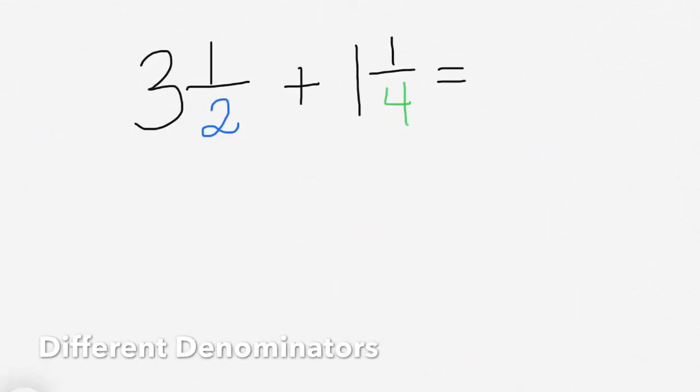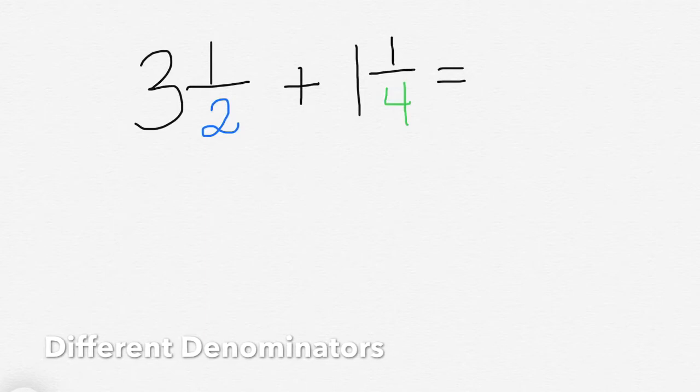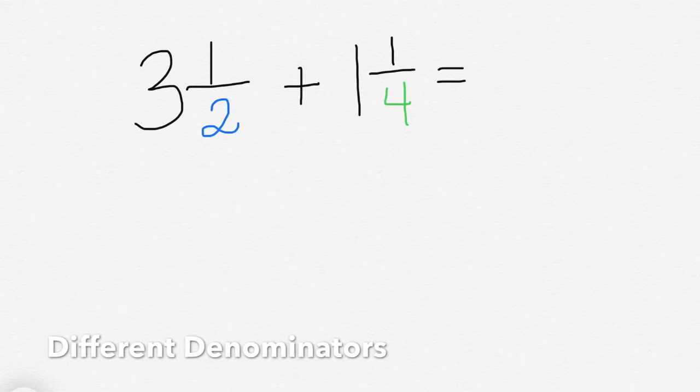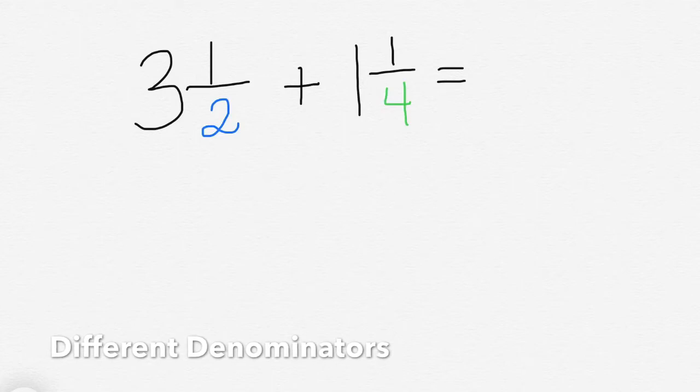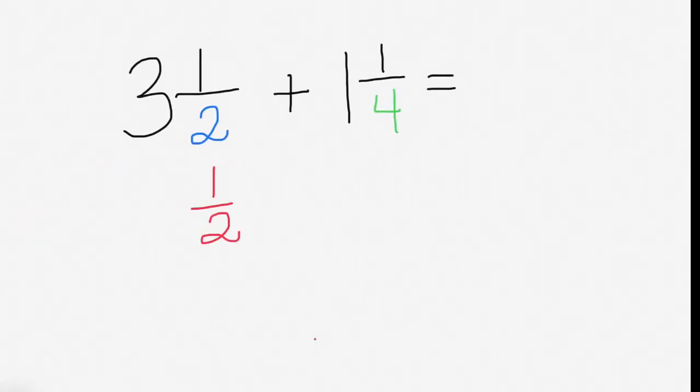So dealing with mixed numbers with different denominators, there are two ways of resolving that. We have to get the denominators to be the same. So in this first example, we're just going to pull out the proper fraction and make them have the same denominator. So I can make my 1/2 have a denominator of 4 if I multiply the top and the bottom by 2.